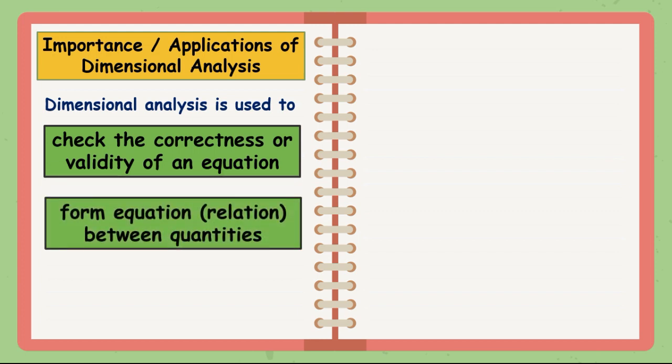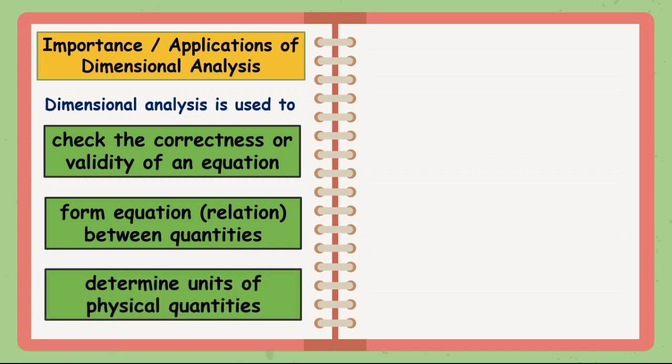The second application is that dimensional analysis is used to form or create a relationship between physical quantities. Dimensional analysis can also be used to determine the units of physical quantities. So these are the three applications of dimensional analysis.